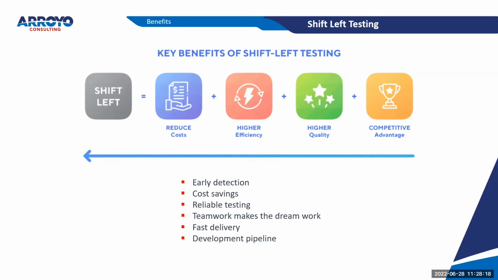And the development pipeline is about including those tests in the continuous integration process. So if you can do this, you are all the time testing your whole platform, to be sure that the whole process is working fine for you.